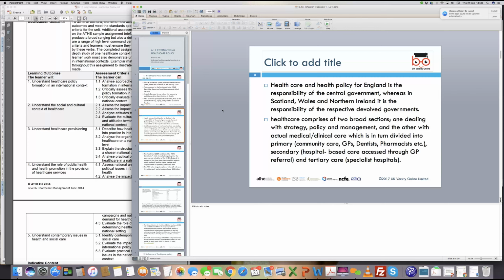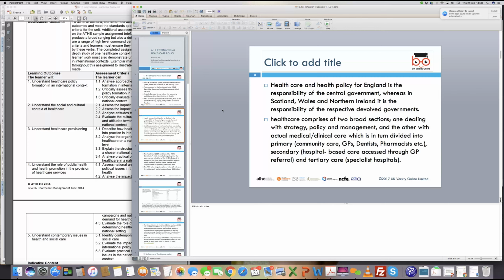So there are 2 sides of the NHS. One is obviously the management, strategy and policy formation, or people who work within the head office. And then there are people who work within various hospitals, various other facilities, within which the NHS actually physically gives out services. So those are the ones that you have to look at. So from that aspect, I think what we look at is a clear differentiation of how the NHS is structured and how it was created.